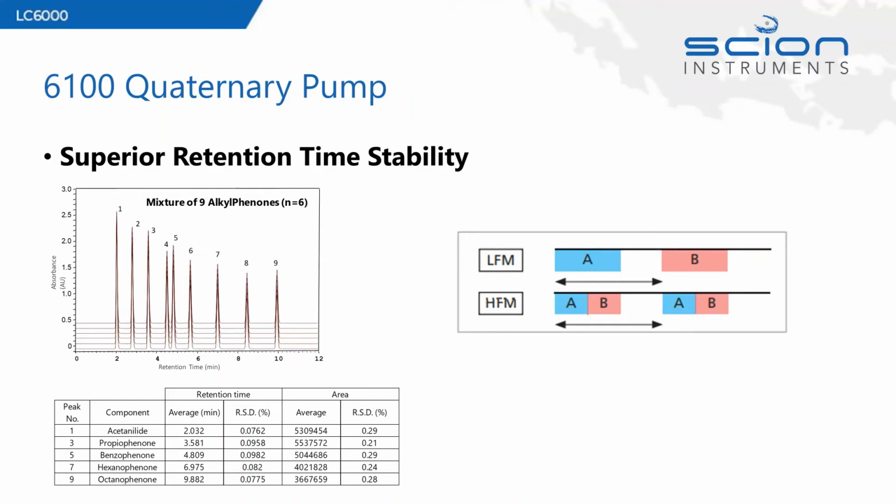The picture on the right with the LFM and the HFM is showing you how the pump works when mixing a solvent. In standard quaternary pumps, they will take one portion of each solvent separately and then mix them later down the flow path.